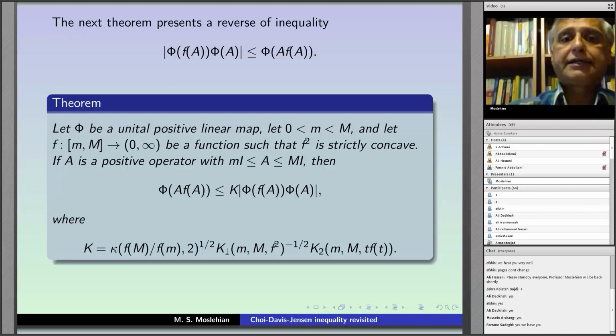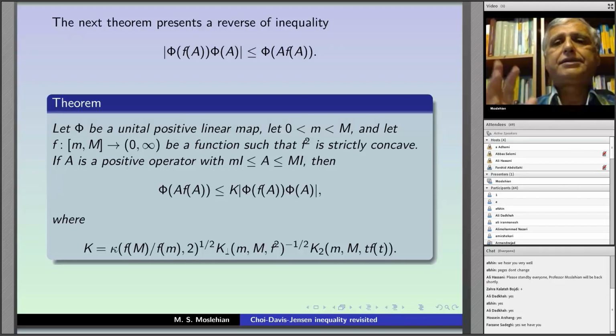But the left inequality is important. If A is greater than m for a strictly positive number m, then A is in fact an invertible operator, and this is an equivalence between invertibility of a positive operator and an inequality of the form m strictly less than A.